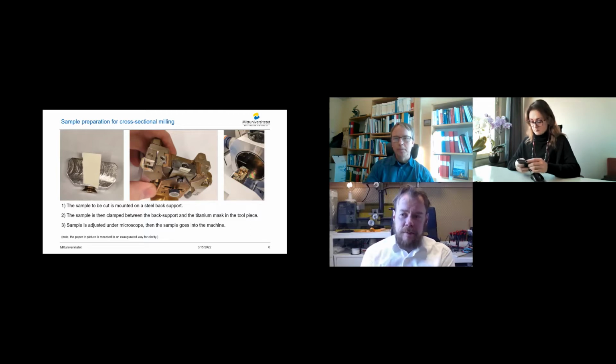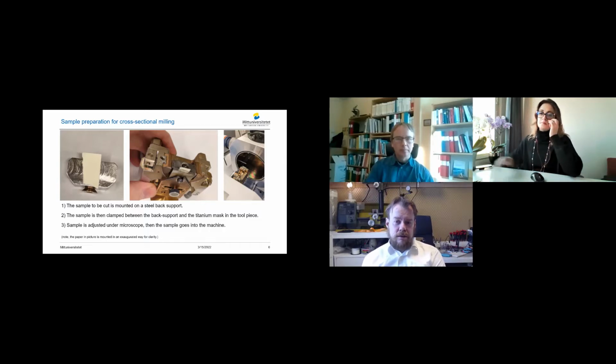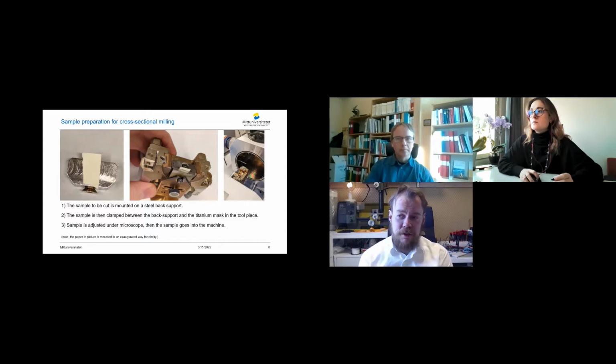Then you take this mounted paper on the steel support and put it into this tool piece, which is the big picture in the center. What the tool piece allows you to do is make very precise adjustments of where you want to cut, to position your cross section in your sample. So where do you want the cut to be?